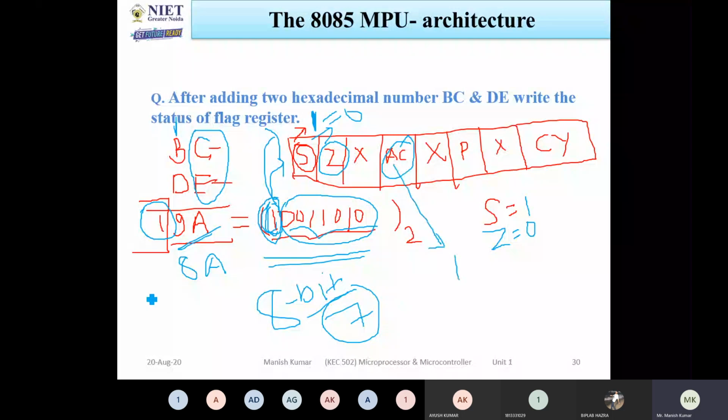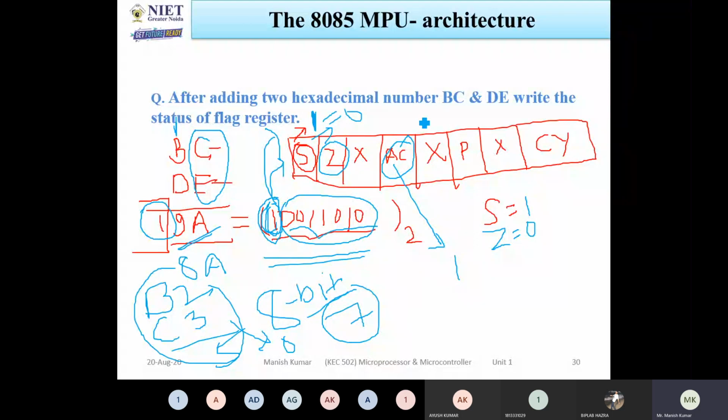Consider another example, B2 and C3. Adding 3 plus 2 gives 5, so we are not getting a carry here, and the AC value will be 0. If the lower nibbles produce a carry, then the auxiliary carry will be set, otherwise it is reset. In this case, the auxiliary carry will be set.